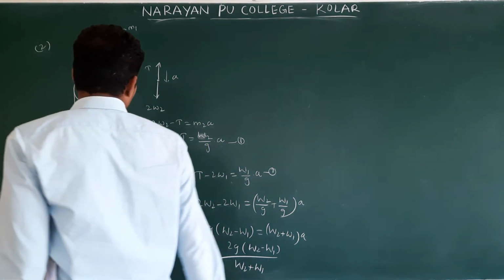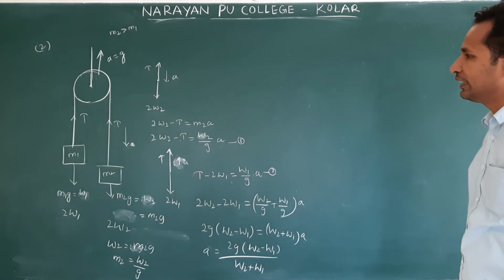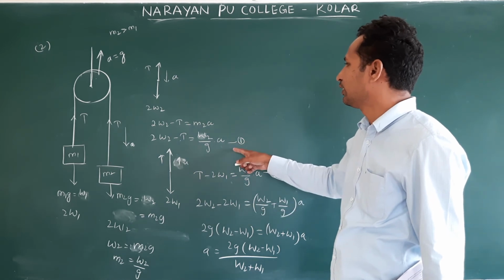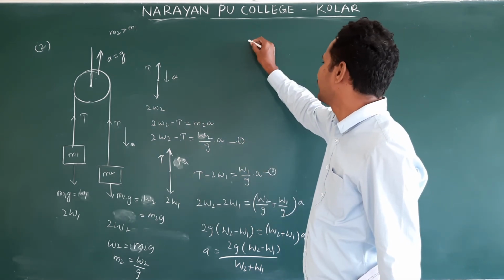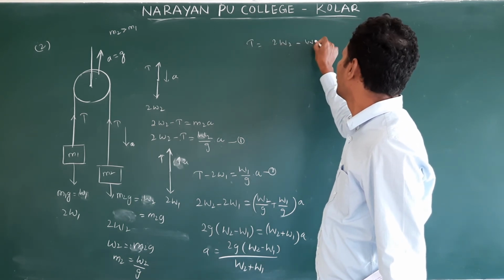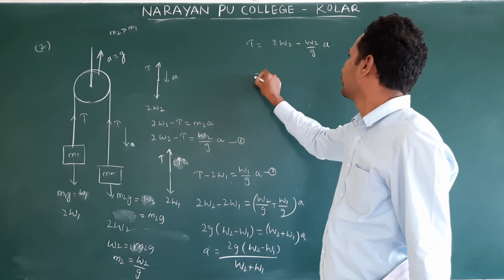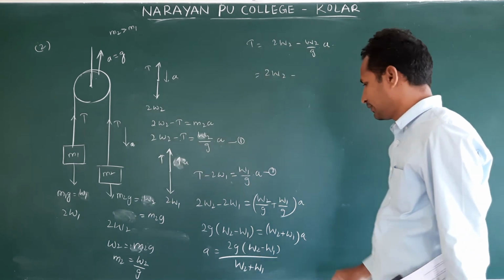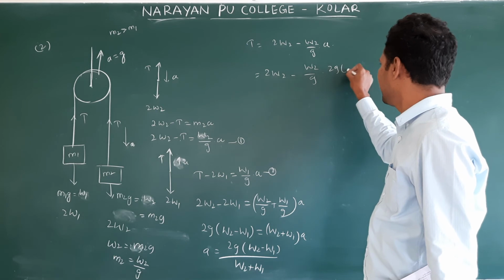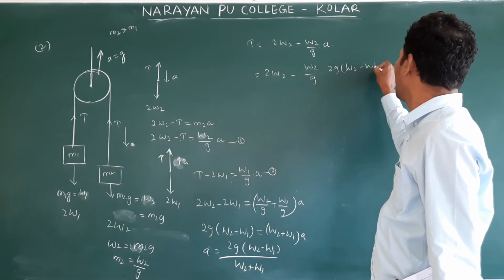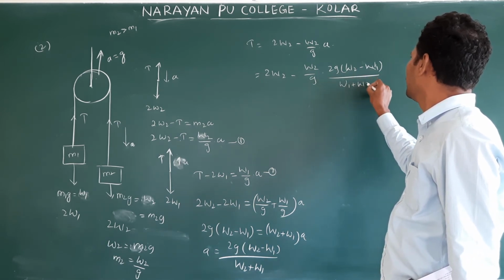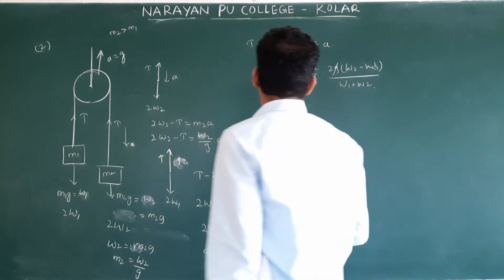Substitute the a value in any one equation. Substituting in equation 1, how do you write? T is equal to 2W2 minus W2 by g into a. 2W2 minus W2 by g, and a is 2g into W2 minus W1 by W1 plus W2. This g cancels.